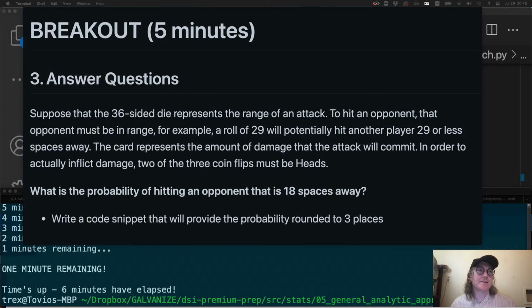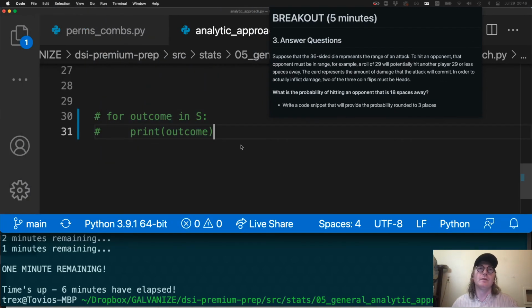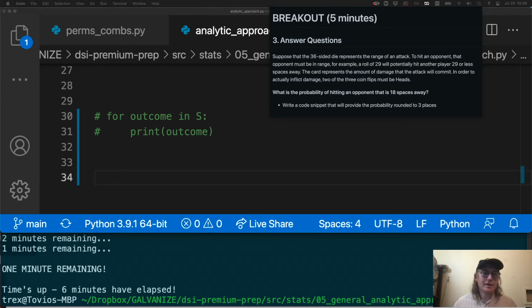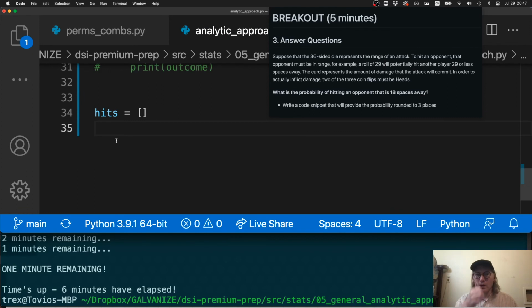Okay, so let's solve this. So we've got S, and let's find all the instances that are potential hits. I'm going to call this hits, and we need the conditions that we're using to filter.